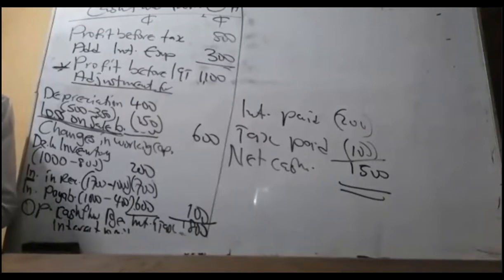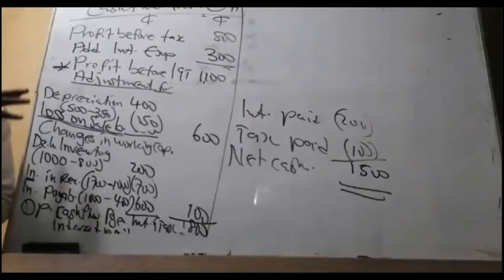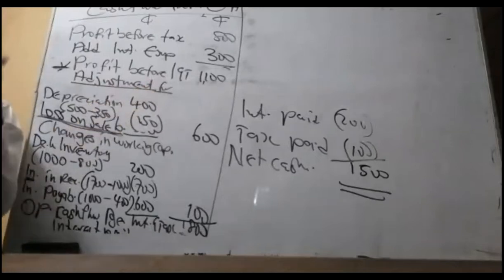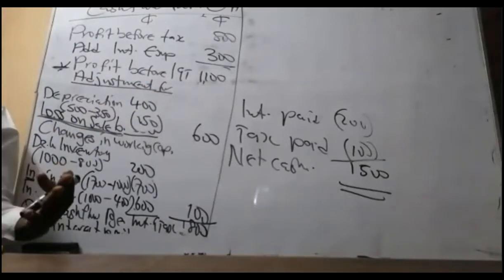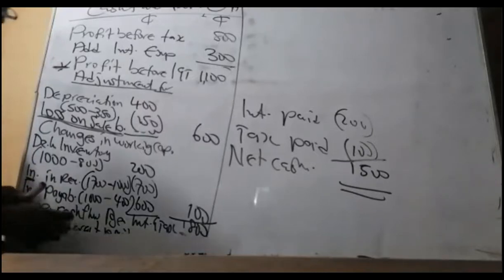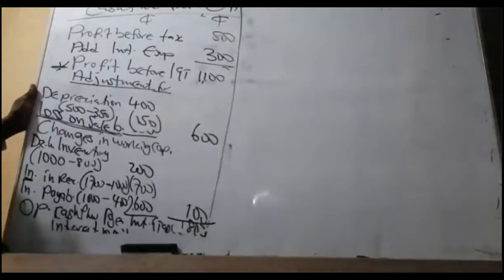Again, the proceeds. We said that this one is an alien, a stranger, supposed not to be part of operating activity. When you go to investing activity, the proceeds must be part of investing activity. So when I go to investing activity, in fact, you're going to solve this question fully.